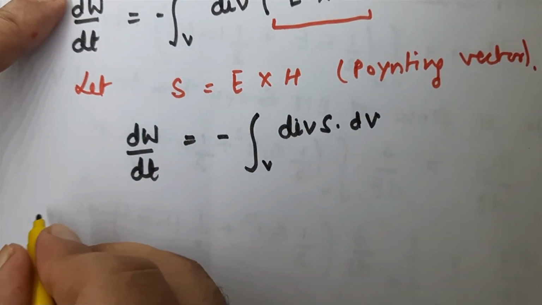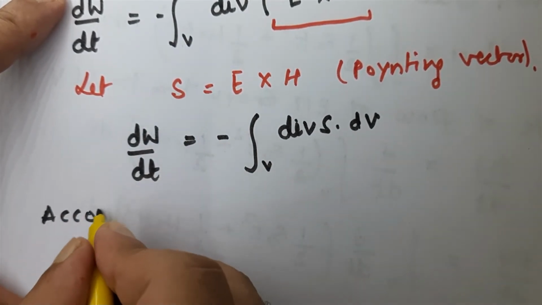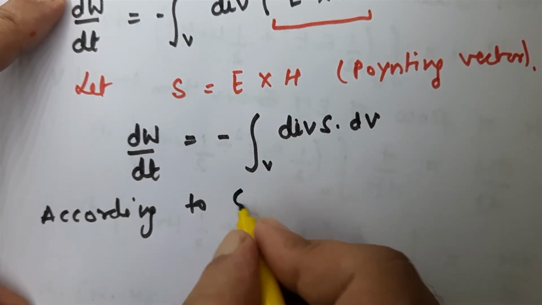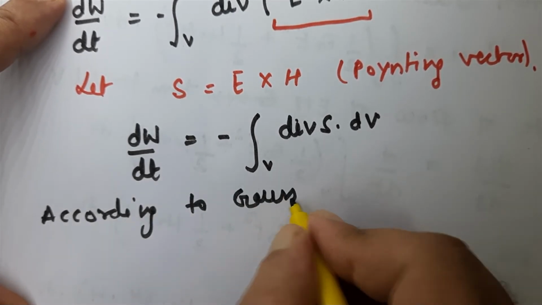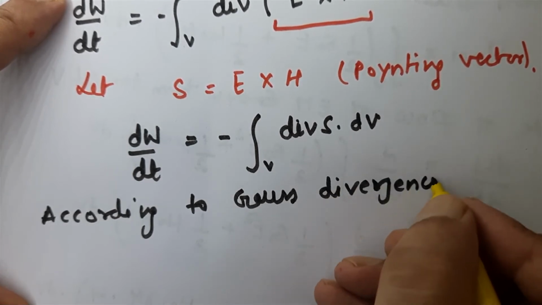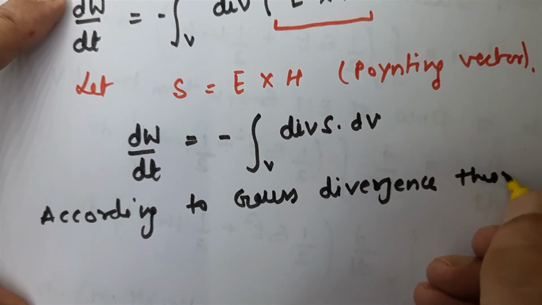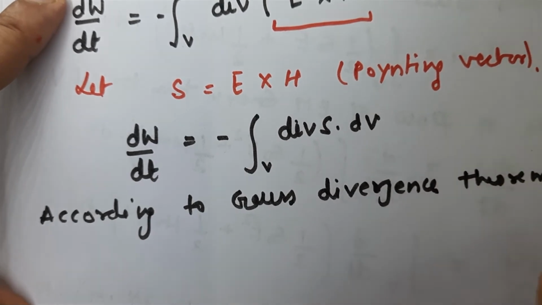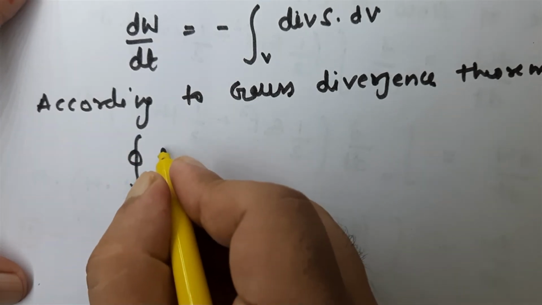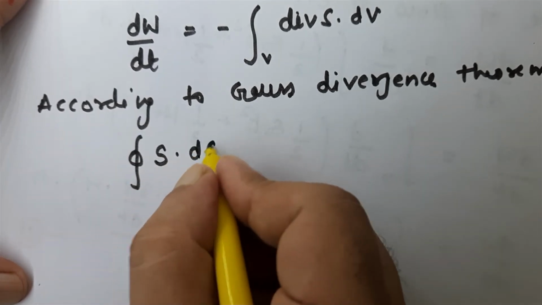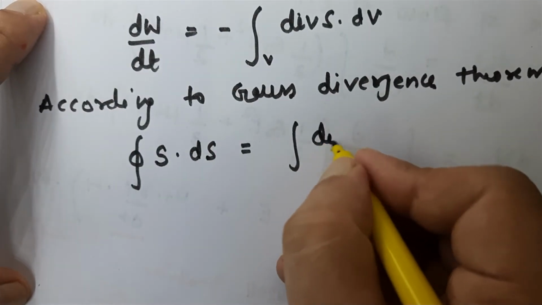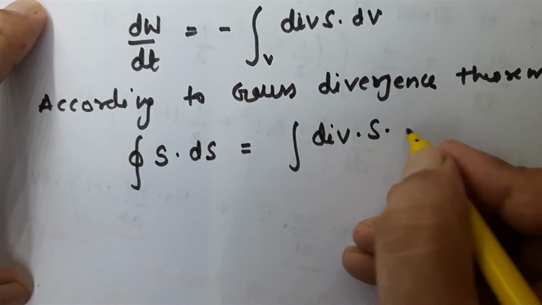Now we can use Gauss divergence theorem, according to which the flux of this S over any surface can be written as divergence S dot dV.